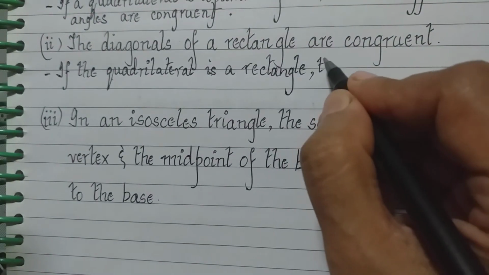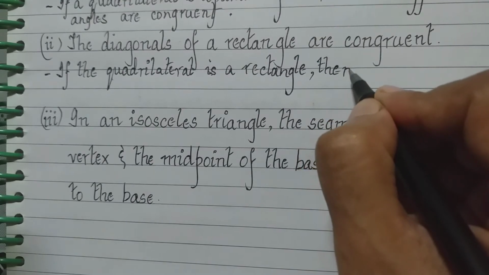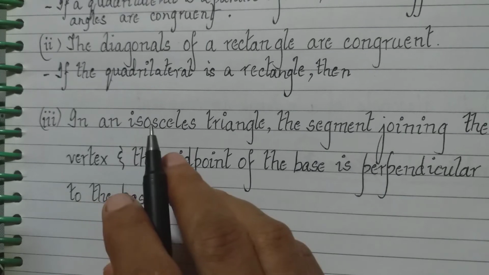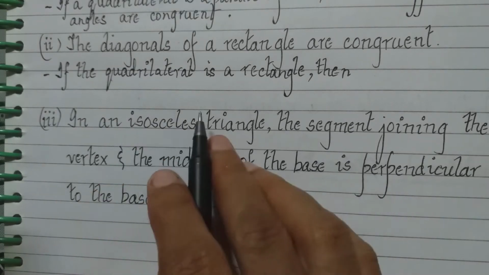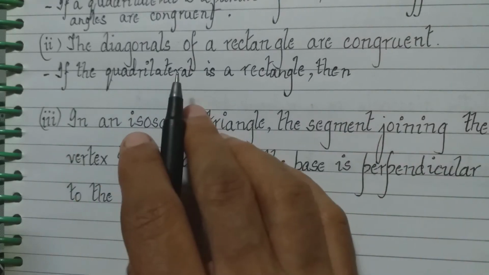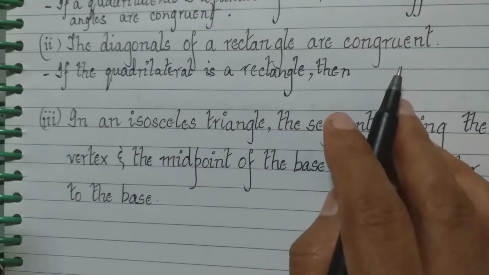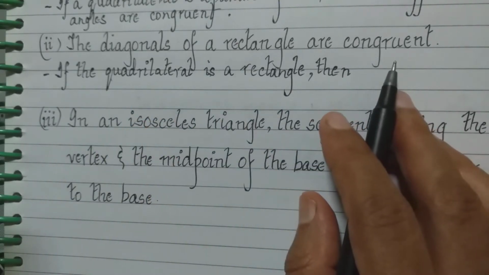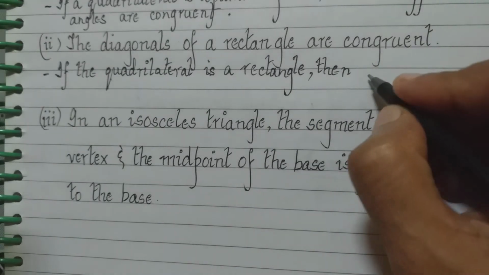Which is the property of the rectangle they are talking about? I have also written then, because after the if part of the statement comes then. So if the quadrilateral is a rectangle, then what is the property here? The diagonals of the rectangle are congruent. So then its diagonals are congruent.